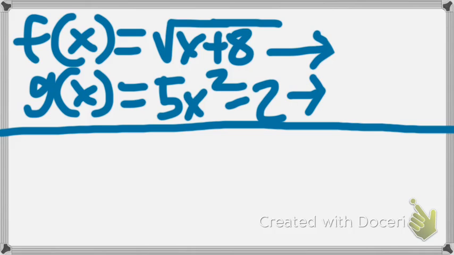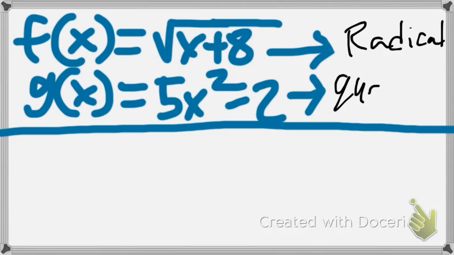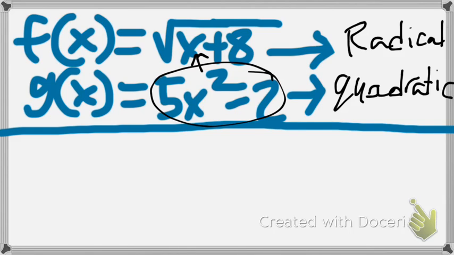The final one that I'm going to show you is a radical and a quadratic. Kind of went off the screen there. I gave myself more space because this is a little bit more involved, but we're going to put this into there.